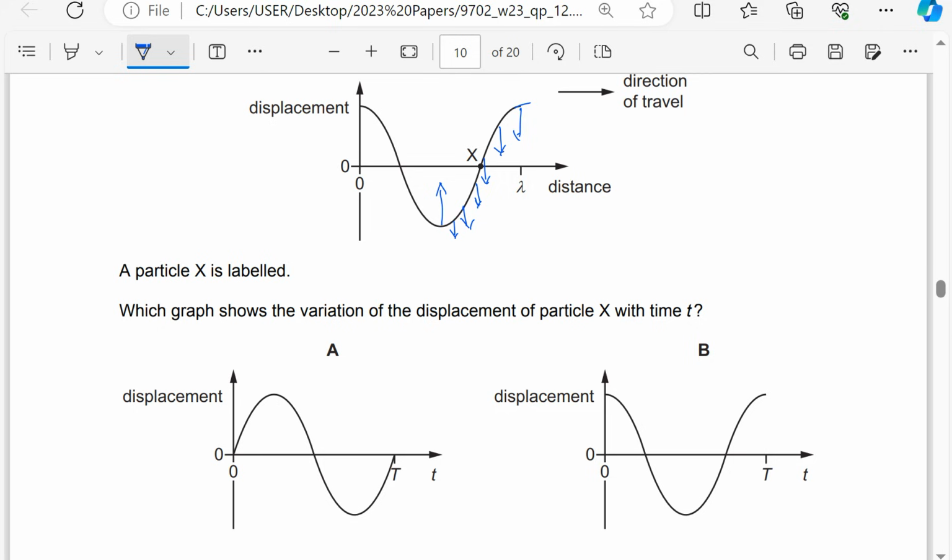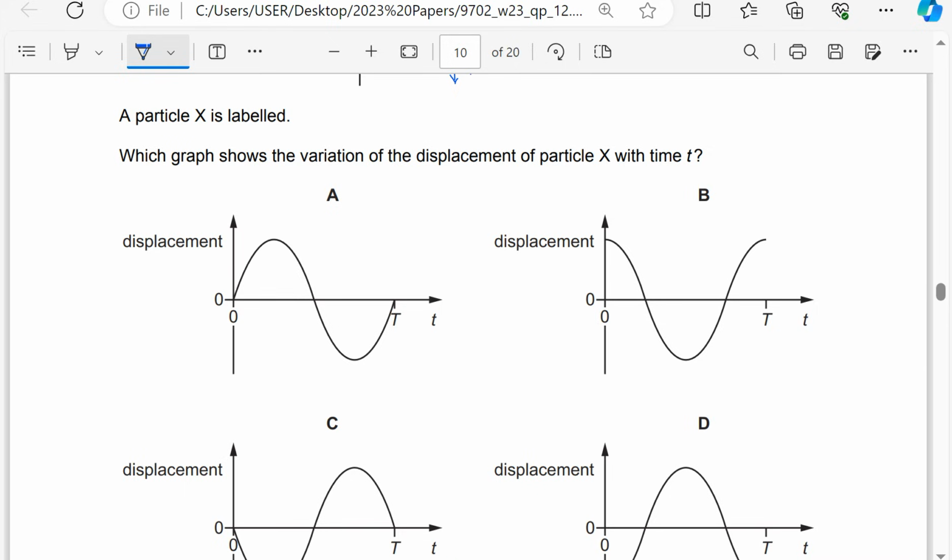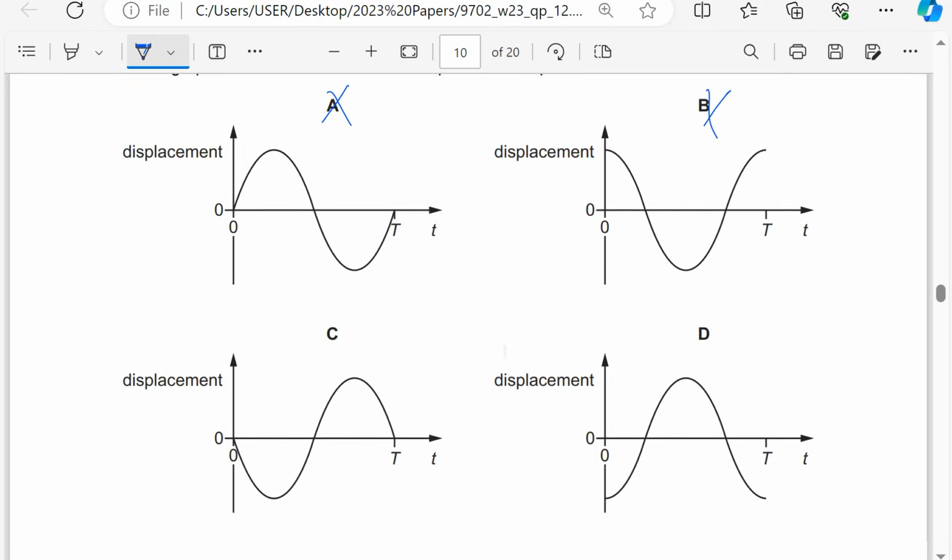If we sketch displacement against t for particle X, it was vibrating going downwards from the displacement-distance graph. So after time t equals 0, its displacement should be downwards. So A is automatically not correct because after t equals 0 for particle X, its displacement is upwards. Then B is also not going to be correct.